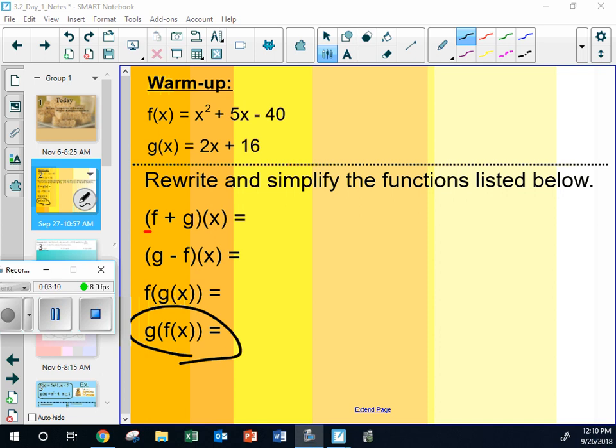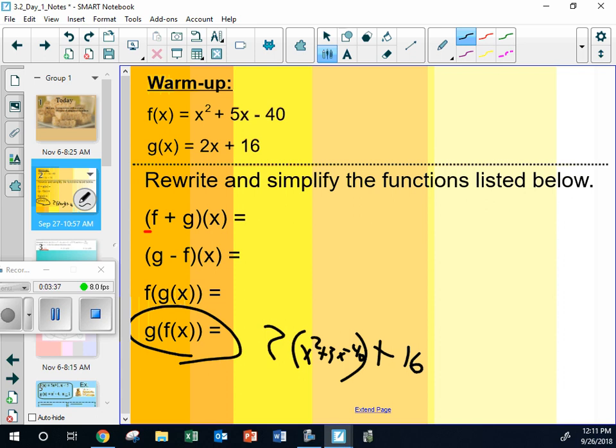So, g has the honor of eating the f function. Here's the g function with an empty spot where that's like his stomach, and now he's going to eat the f function. X squared plus 5x minus 40, and you'd multiply it all out. Okay? Any questions on that? Hold on. Oh, that's a 16. My bad. You just couldn't read it. It was a 16.